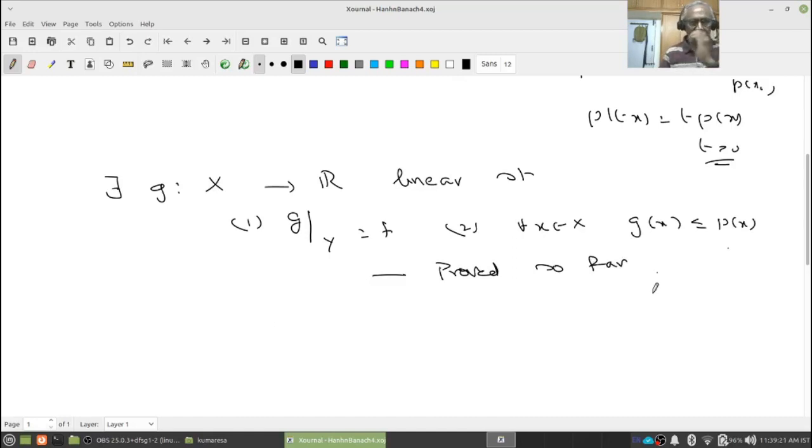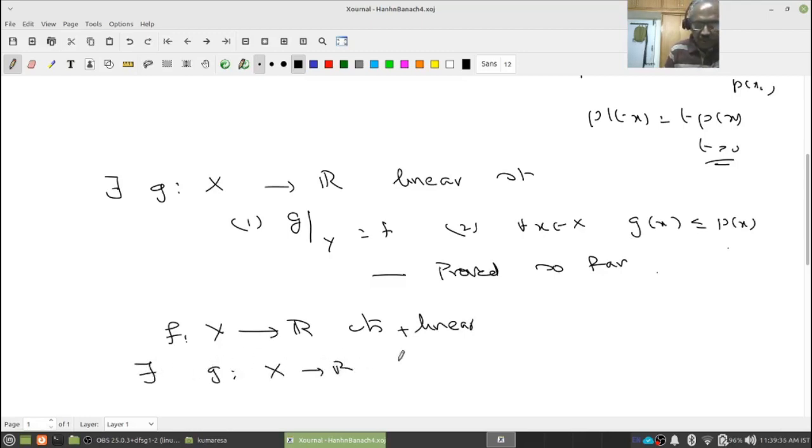But what was our original problem? The original problem was if F from Y to R is continuous and linear, then I wanted to say there is a G from X to R, so that G restricted to Y is F, and two, G is also continuous.